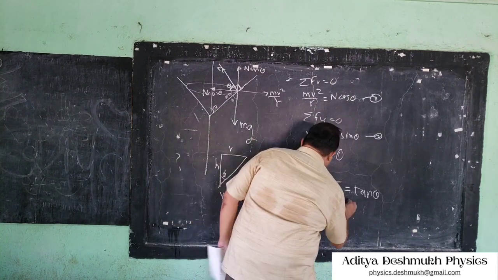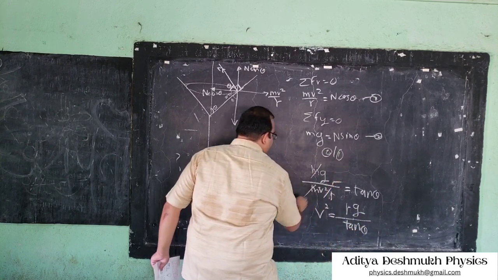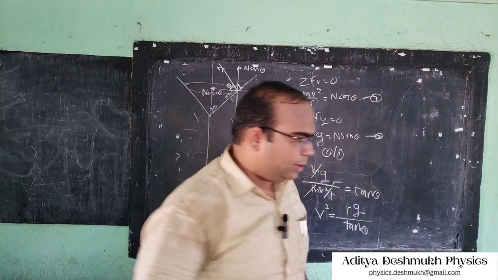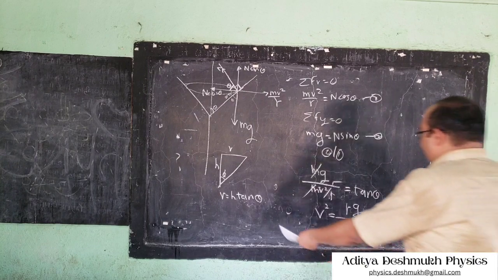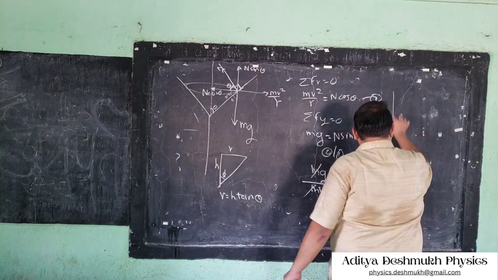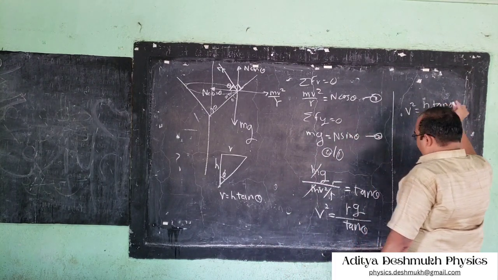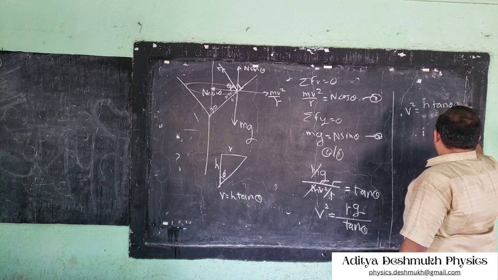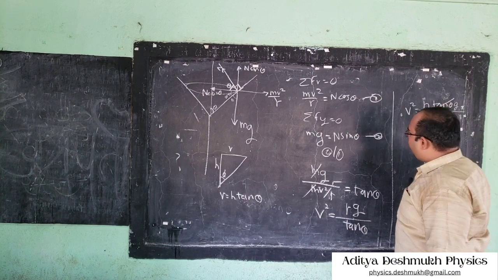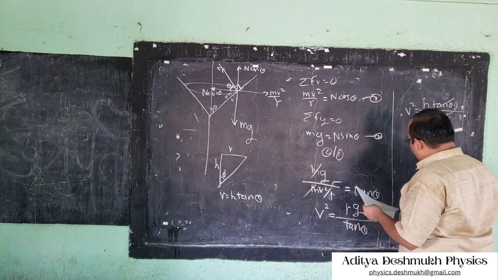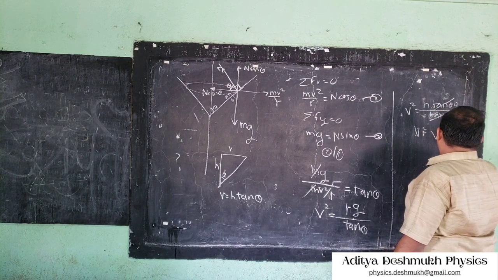From this, rearranging, I can write v square equal to rg upon tan theta, because m will get cancelled, and I can now put the value of r from here. So v square will be equal to h tan theta into g upon tan theta. So tan theta got cancelled, and v will be equal to root gh.